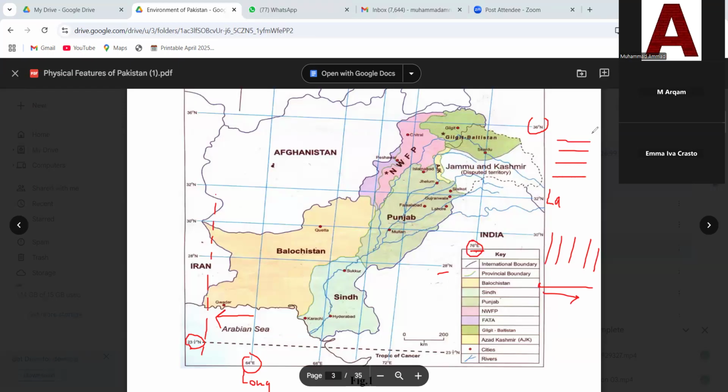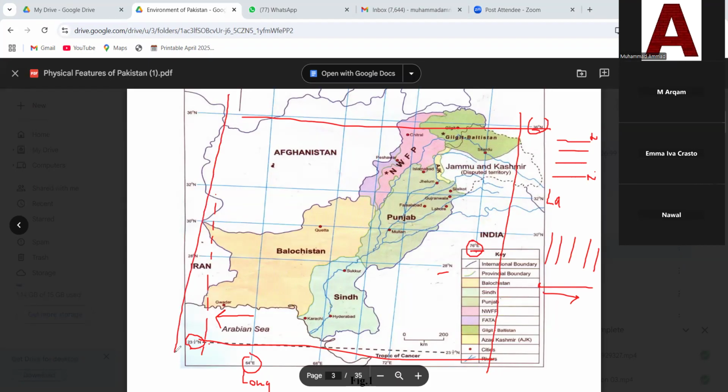This is the reason why we write the signage of north with the latitudes. So 23 degrees north and 36 degrees north, these lines and these lines, create a boundary for the map of Pakistan.